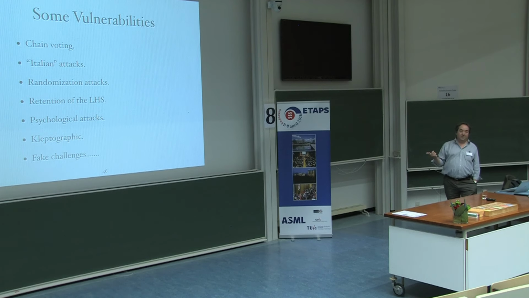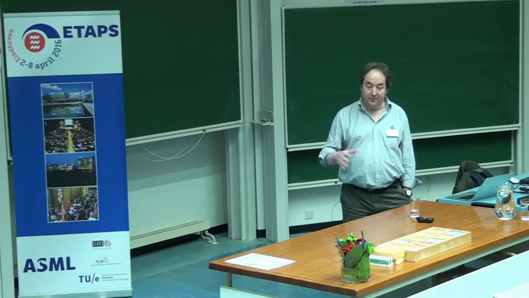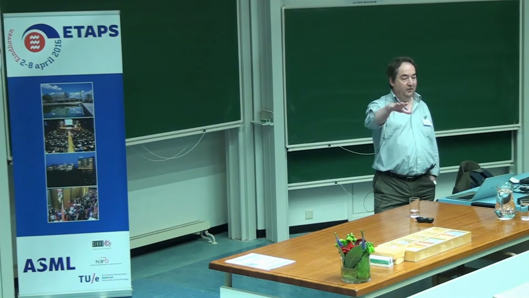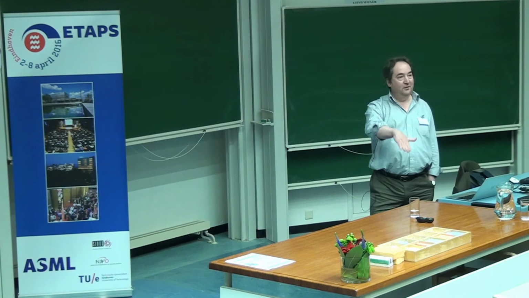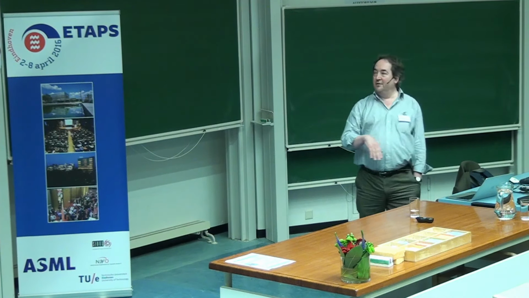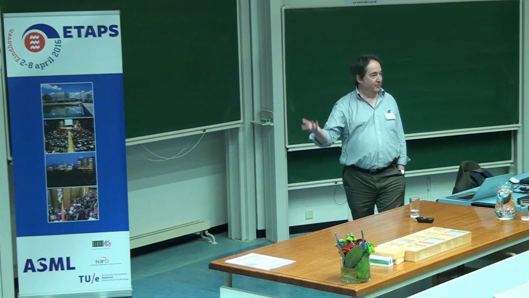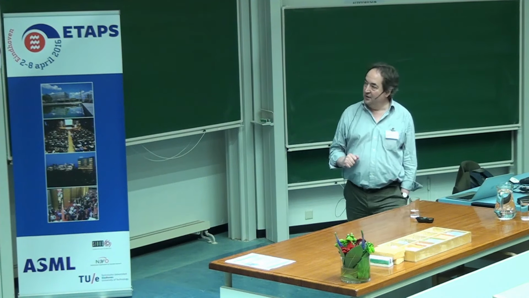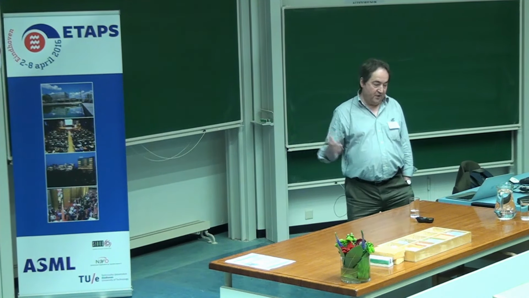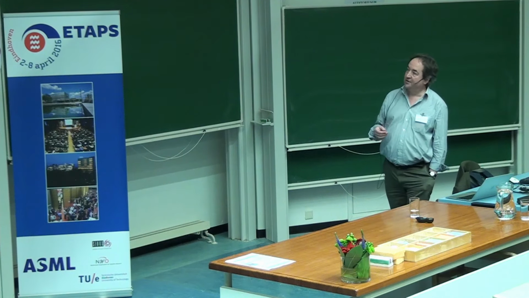Or alternatively, perhaps a more subtle way is not so much to enforce the destruction, but to conceal what is the left-hand side. Maybe in the booth you could have a pile of dummy candidate orders, so the voter could potentially take out a different one which would satisfy the coercer. So there are various ways you can think about trying to counter that sort of threat.